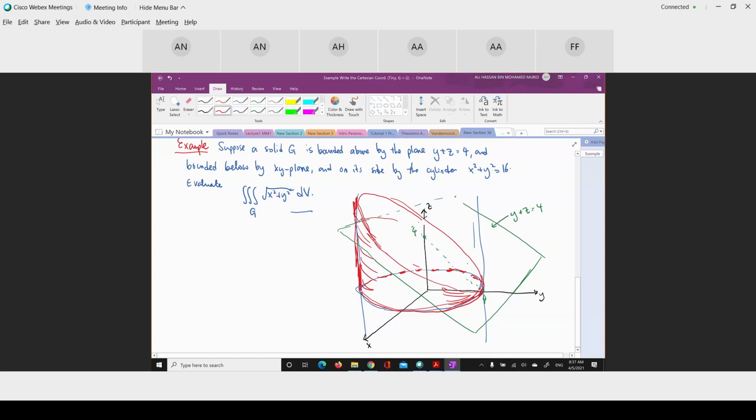So we want to evaluate this triple integral for this object G. The xy plane is z equal to 0, right? The equation of the xy plane is z equal to 0.